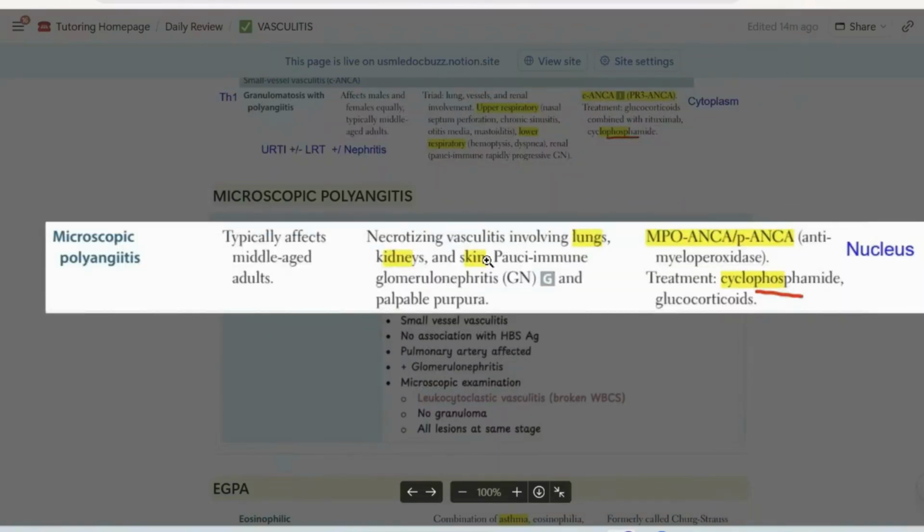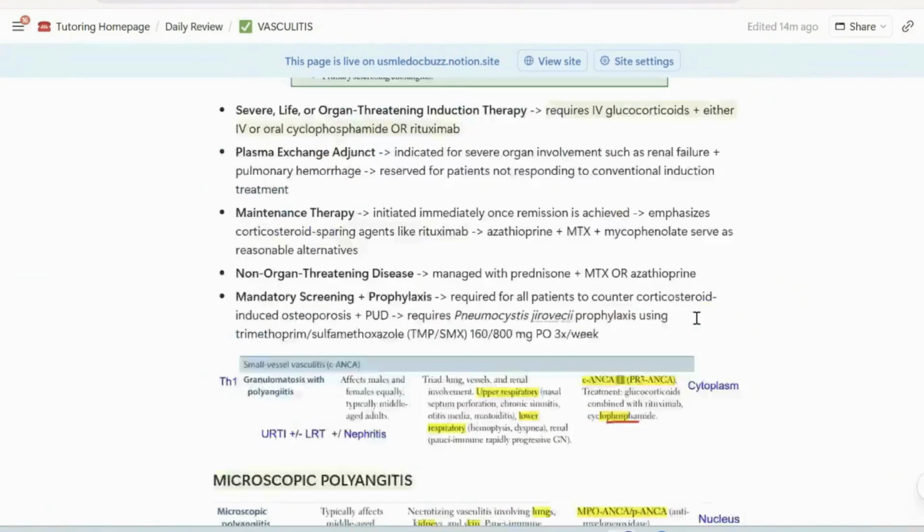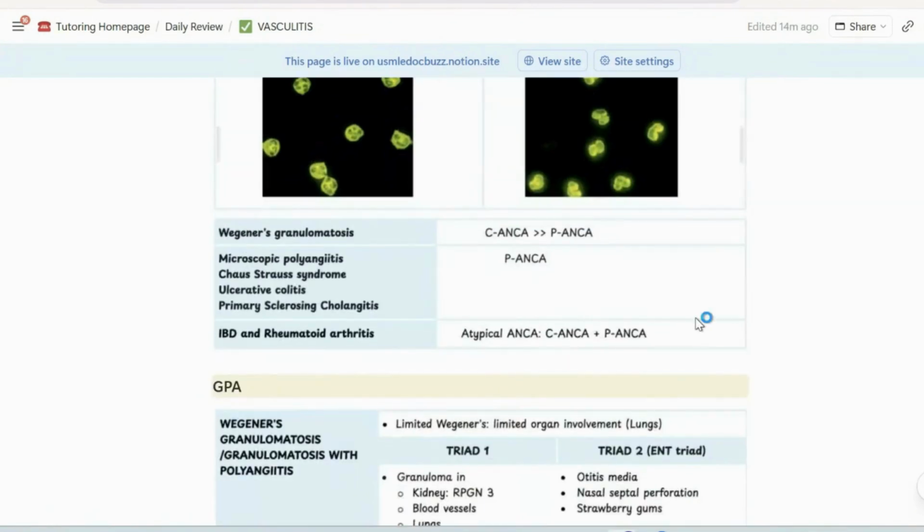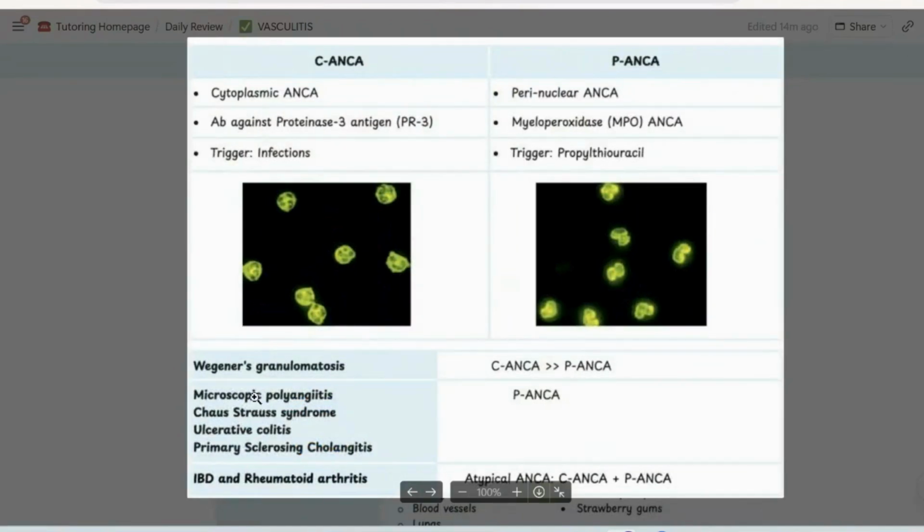Lung, kidney, skin can be involved, right? With the glomerulonephritis and palpable purpura. Okay, so microscopic polyangiitis. And then you see P-ANCA is also involved there and over here. So this is the only common benchmark between the two, the P-ANCA, right? And just to come back to this place, you see P-ANCA is also mentioned here.